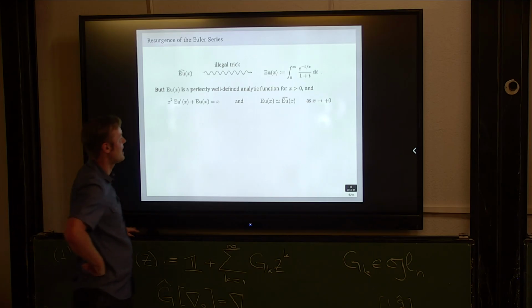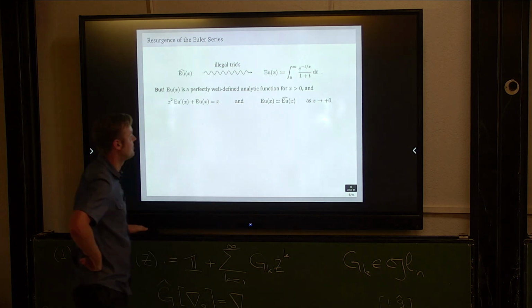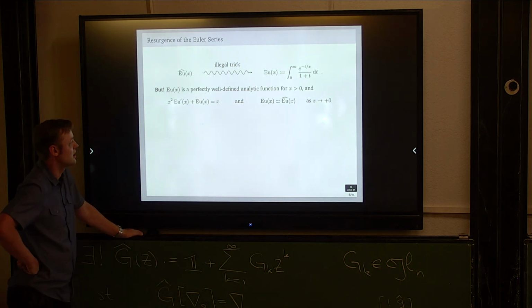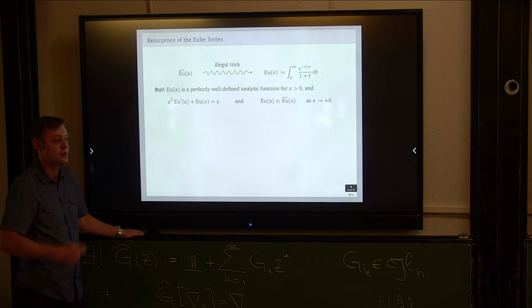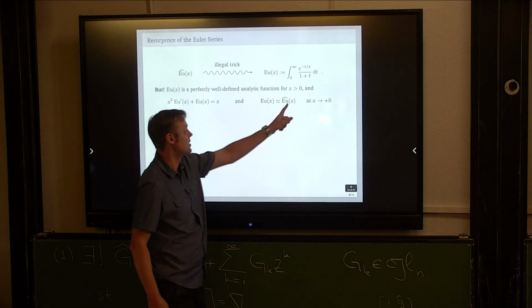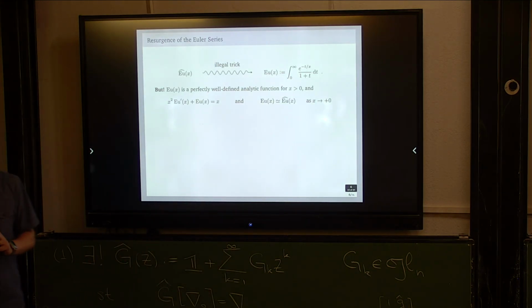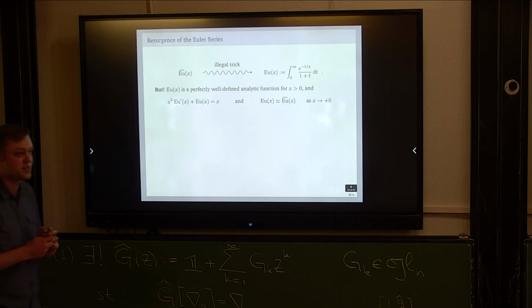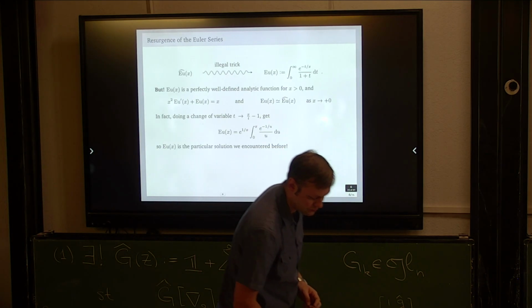And there's an even deeper connection, which is that if I take this analytic function, the Euler function of x, and I try to construct its asymptotic power series as x goes to 0 from the right, then the asymptotic series is nothing but the Euler series. So there's this very strong relationship between the formal Euler series that we started with and this Euler function.